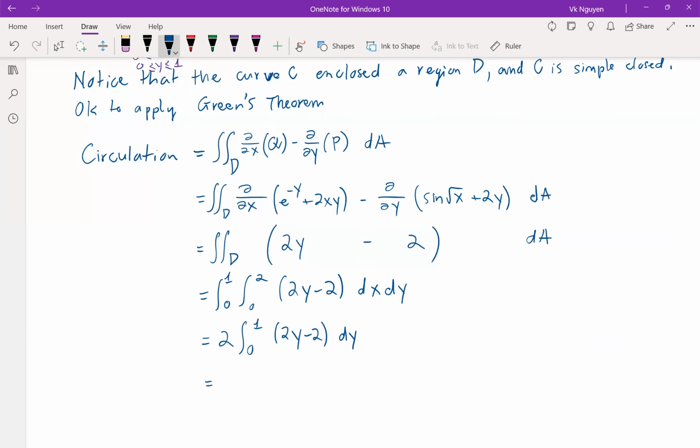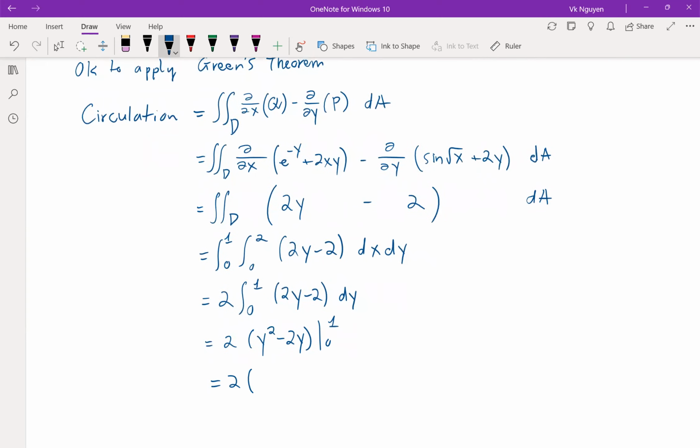And what do we have? We have 2y squared minus 2y, from 0 to 1. So that is 2 times 1 squared minus 1 times 2, which is minus 2.